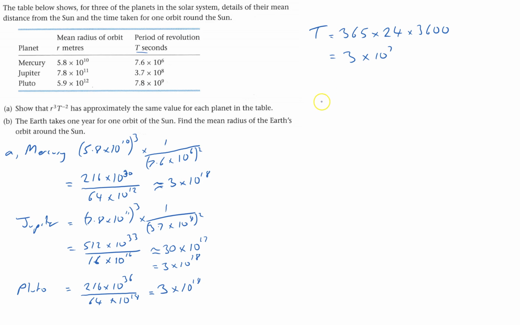So now we can work it out. We know that r cubed T to the minus 2 must equal the same value I've got for all the others, which is 3 times 10 to the 18.